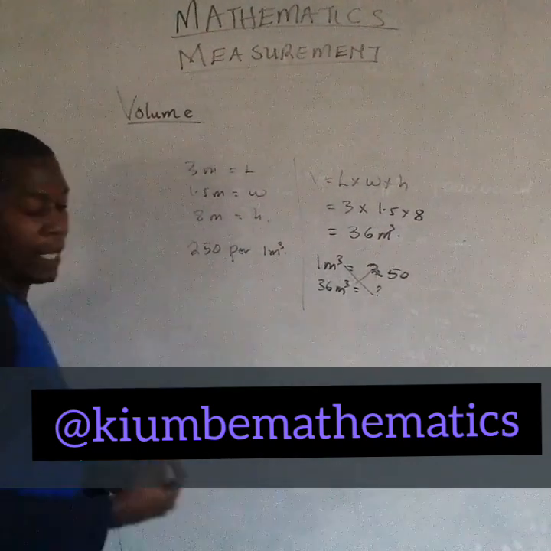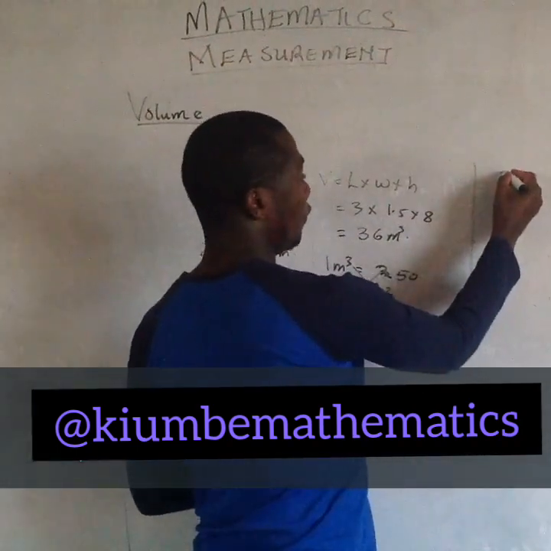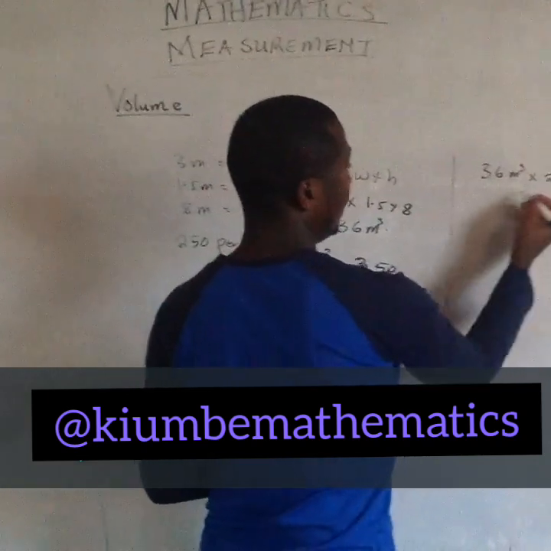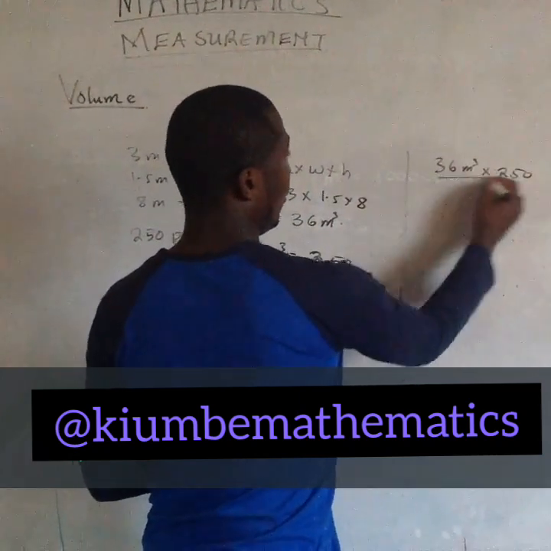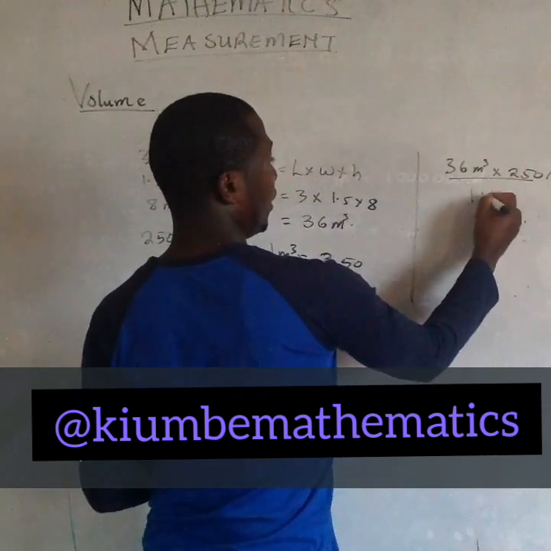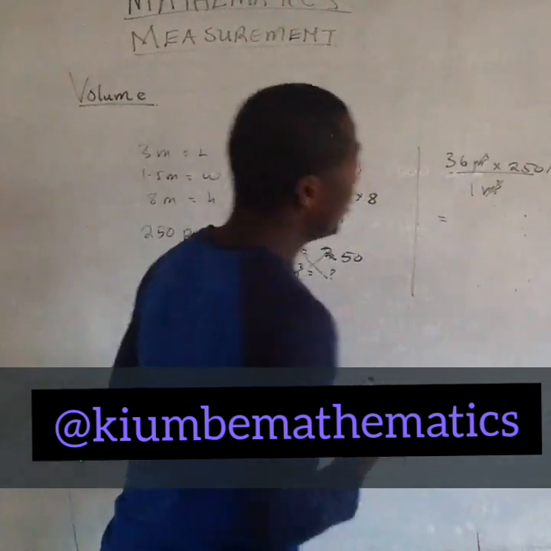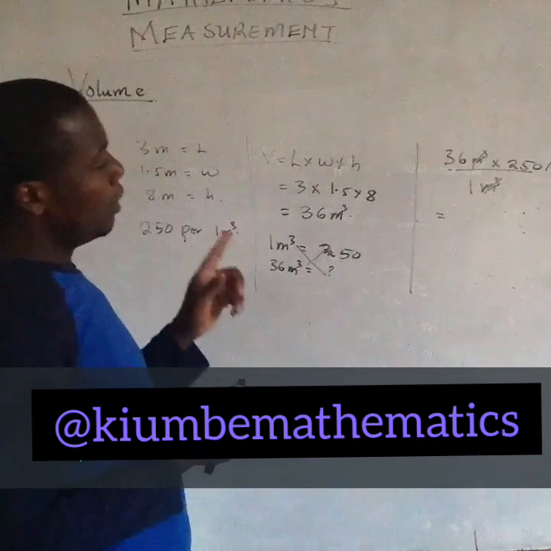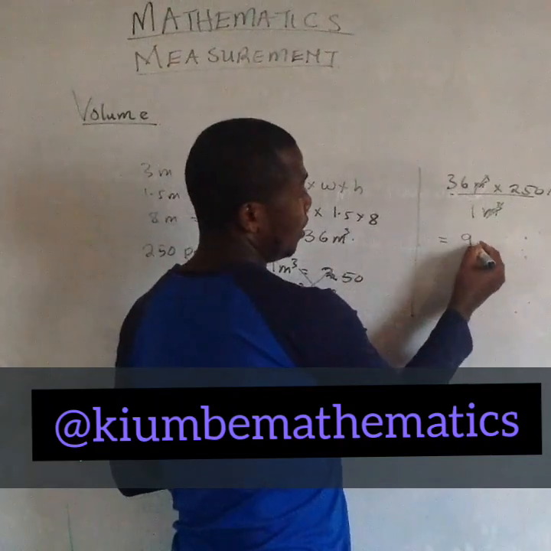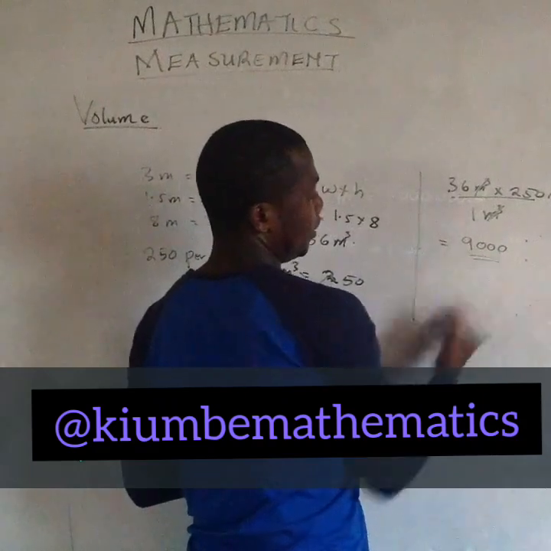Then you cross multiply. You will have a setup of 36 meters cubed by 250 shillings over 1 meter cubed. The meters and the meters go, so our answer shall be in shillings. When you multiply 36 times 250, you will get 9,000 Kenyan shillings.